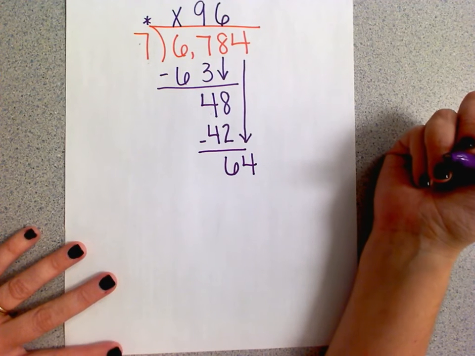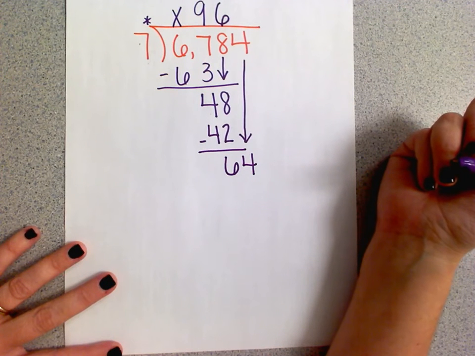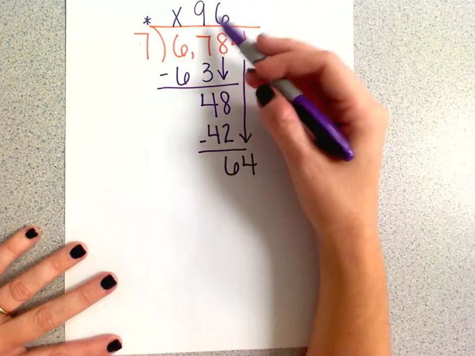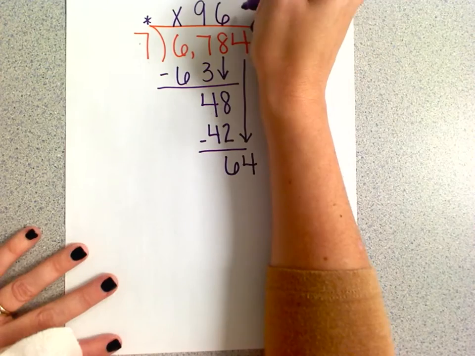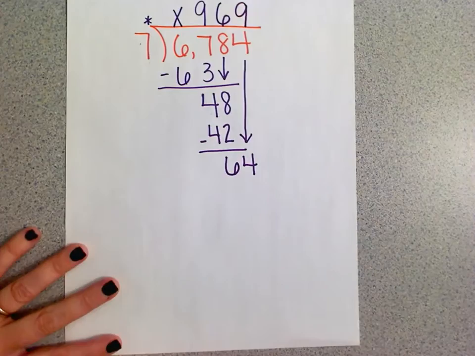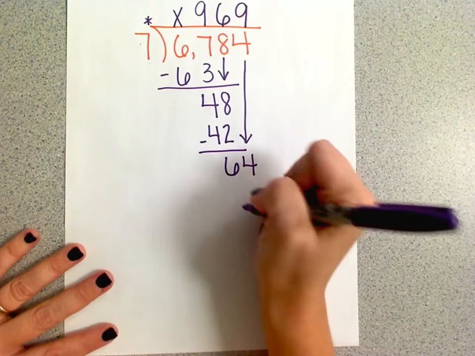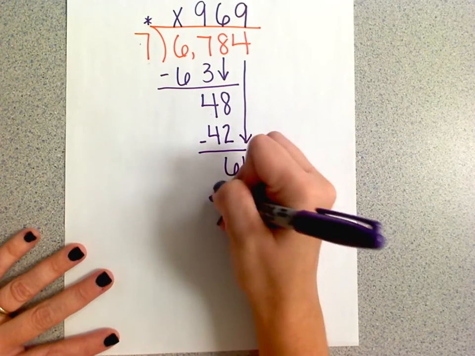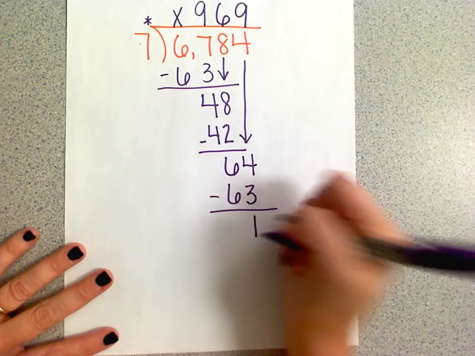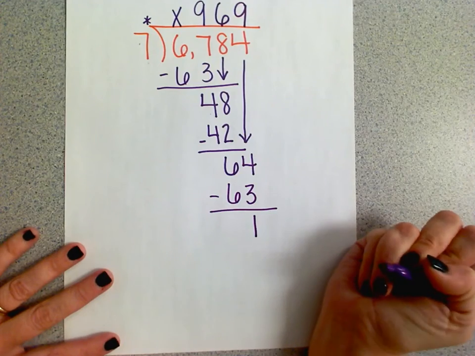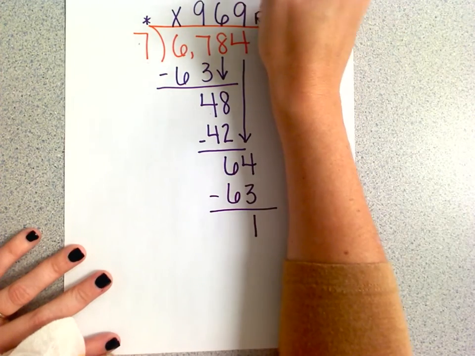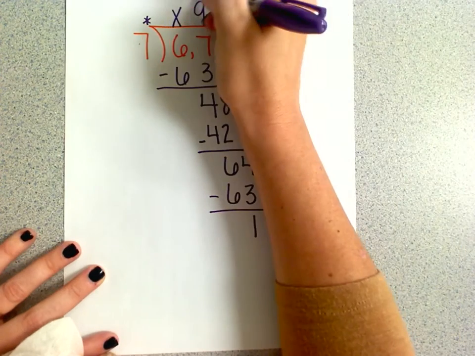Well, I know that 7 times 9 is 63. So that's pretty close to 64. It must be 9. 7 times 9 is 63. Subtract, we get 1. Nothing left to bring down, so this is our remainder.